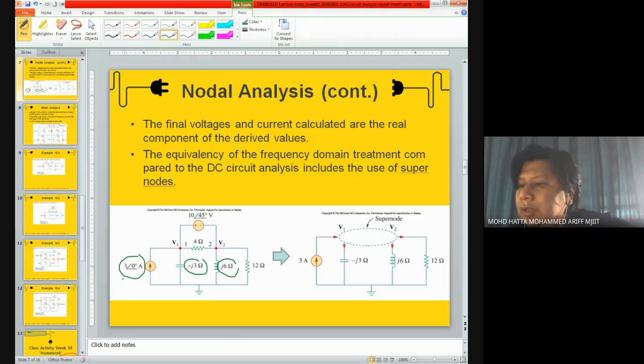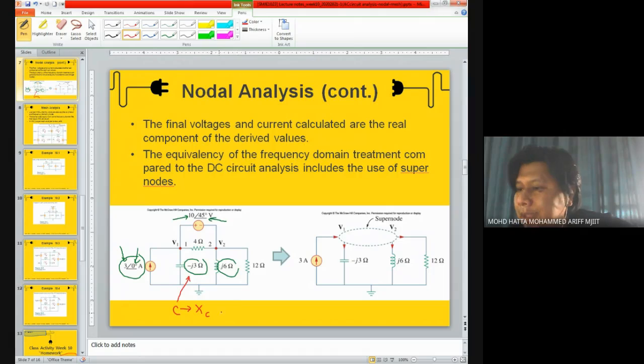For current, we have the amplitude as well as the angle, the phase, and the same goes for voltage. For the passive components, an inductor and a capacitor are converted into their reactance values.